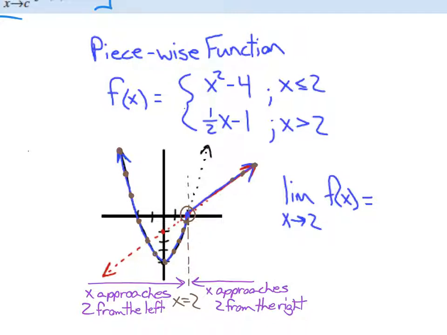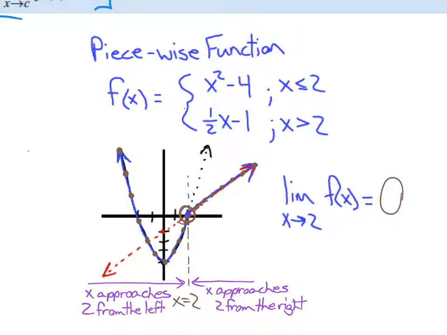Now it's decreasing as we come back towards 2, and what value is our y-coordinate getting closer and closer to? 0. It's getting closer and closer to 0 again. So what we would say in this case is that the value is approaching 0 from the left, and approaching 0 from the right, as x approaches 2. Therefore, the limit as x approaches 2 of f of x is 0.